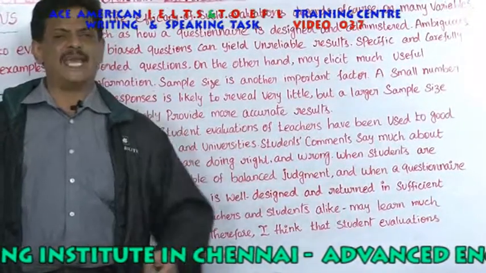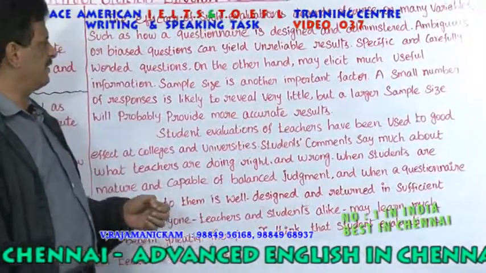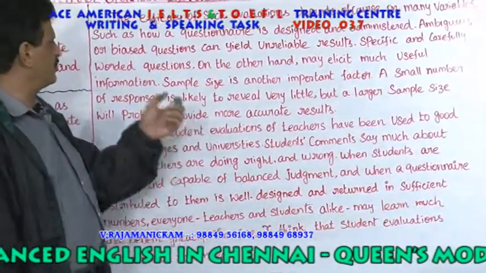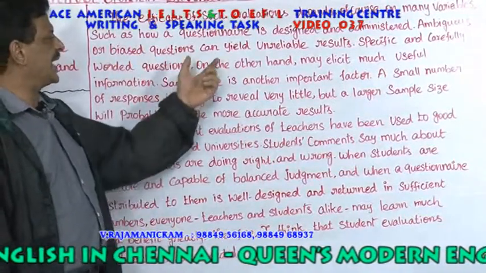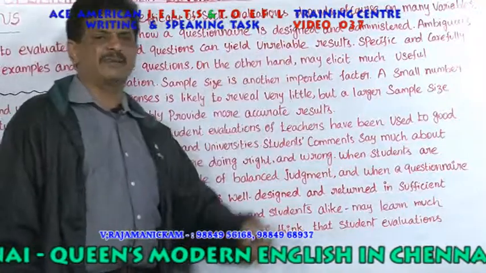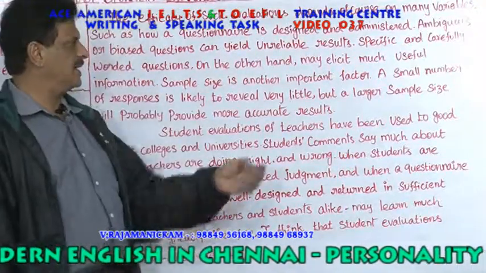It should not be a biased questionnaire. It should be almost even, where every teacher should be evaluated in the same way. There should not be a biased question. Yield means can give unreliable results. The results may be not accurate, unreliable.